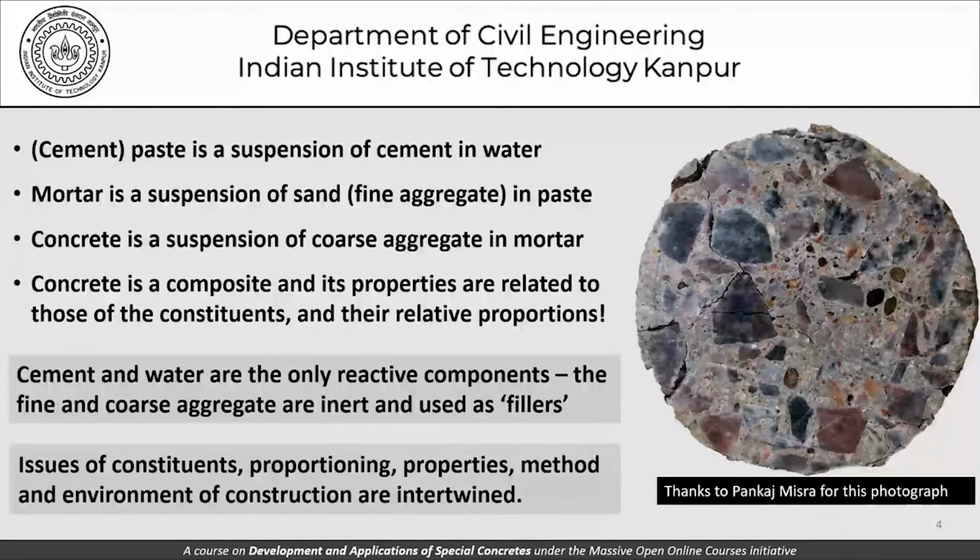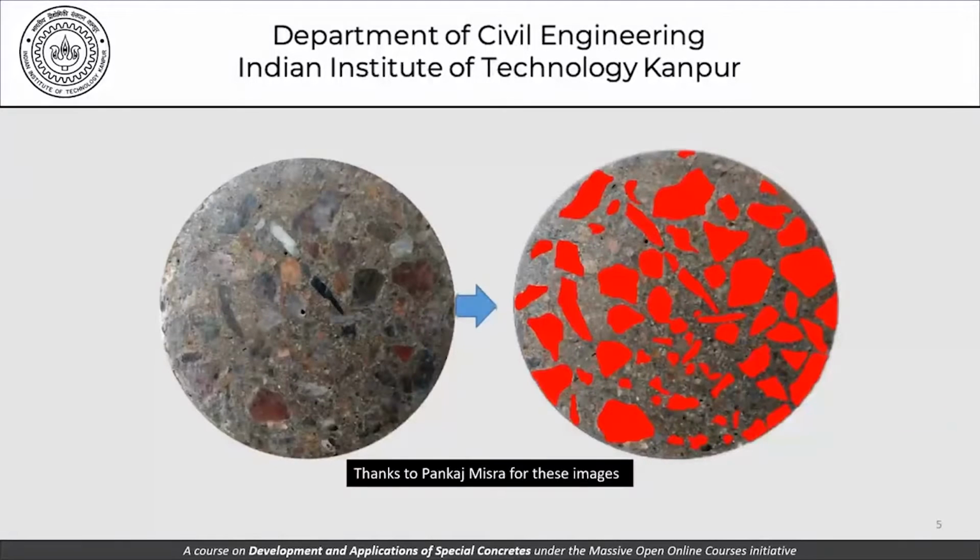Cement and water are the only reactive components, and the coarse aggregate and the fine aggregate are only fillers. Constituents, proportioning, properties, method and environment of construction are largely intertwined. So today's discussion is focused on proportioning issues, the concepts. This clearly shows that the coarse aggregates are separated from each other.